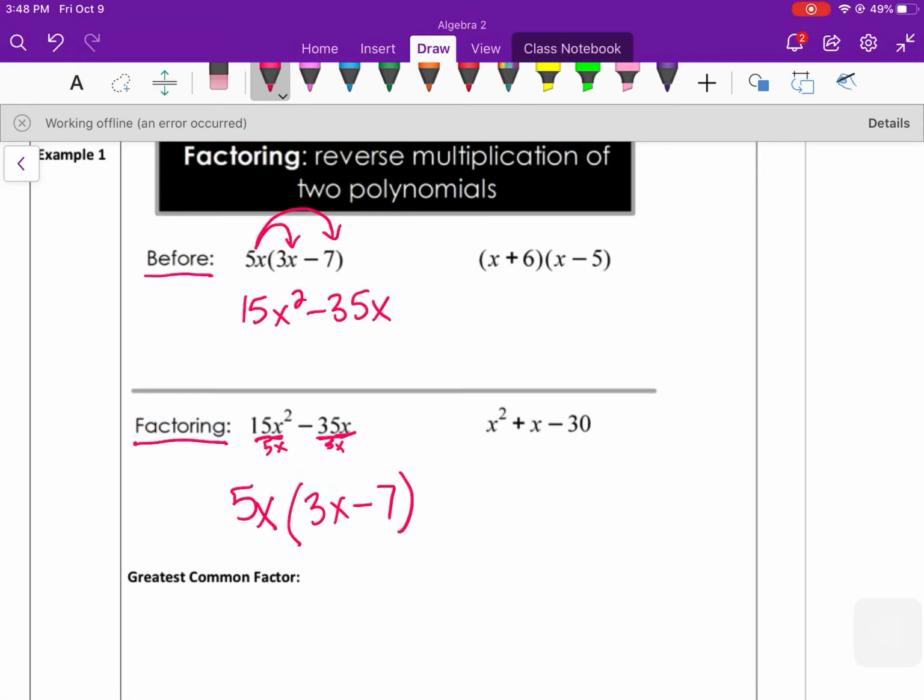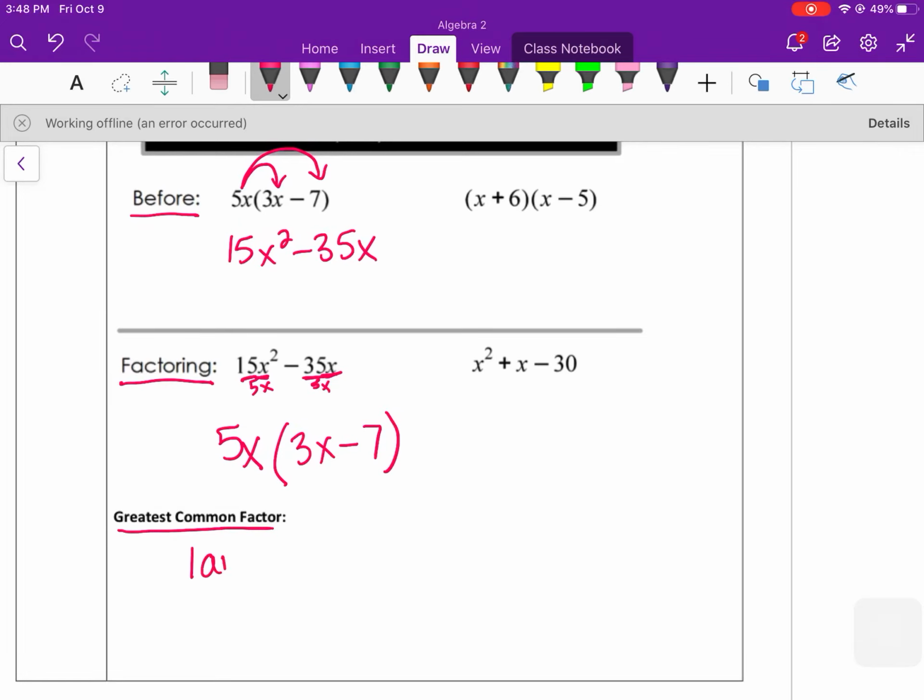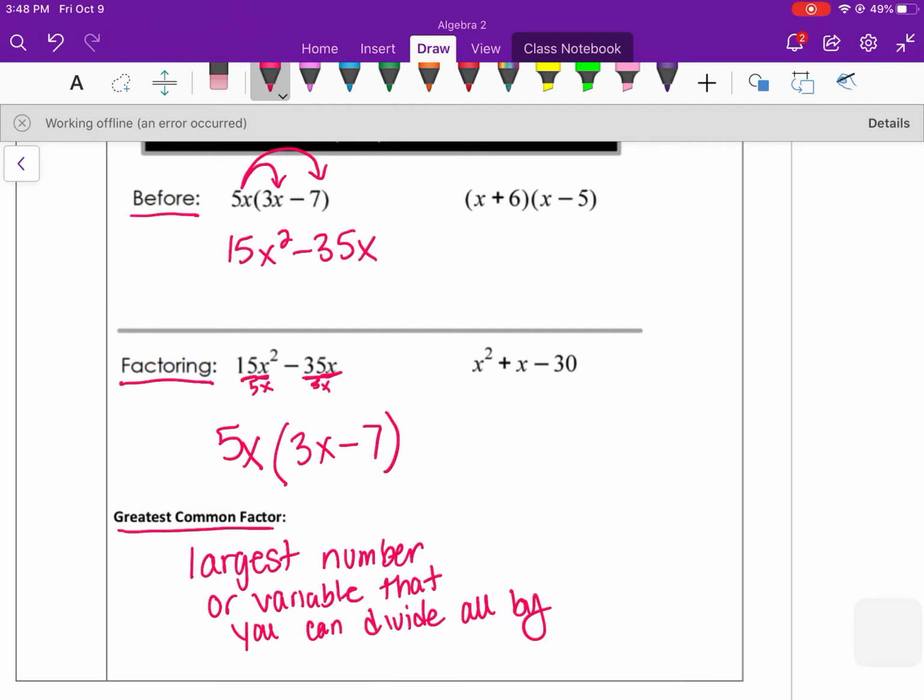When we factor out a single factor like that, like a 5 or an x or a 5x, that's called a greatest common factor. It is the largest number or variable that you can divide all terms by.